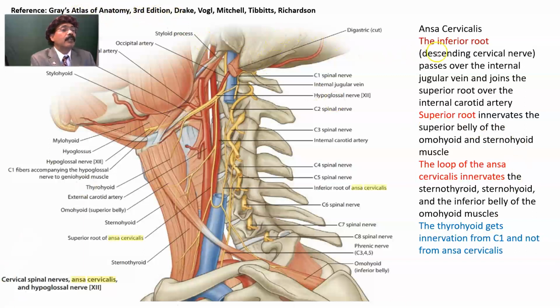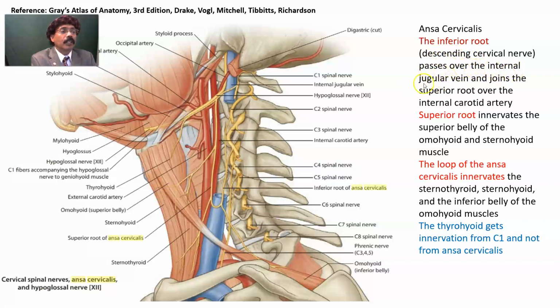The Ansa cervicalis inferior root. This is the inferior root of the Ansa cervicalis, also called the descending cervical nerve or nervus descendens cervicalis.